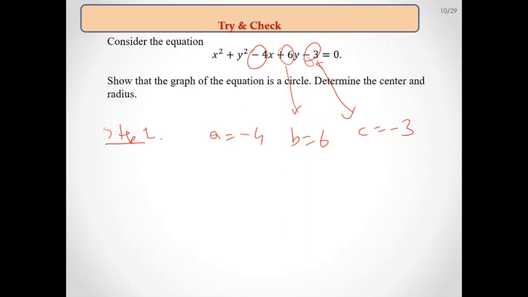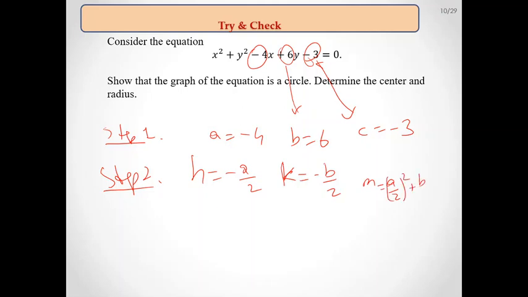And what is h? Step 2, find h, k. So h is -a over 2, and k is -b over 2, and m is a over 2 squared plus b over 2 squared minus c. So this h turns out to be 2, put -4 here, so you will see it's 2.